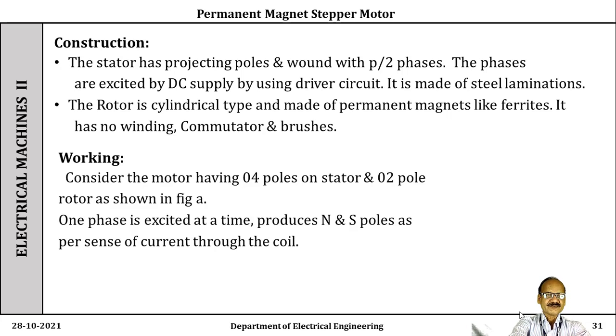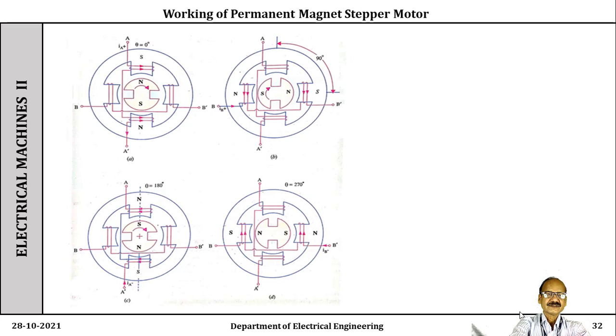Now let us see the principle of operation. So what is the working? Let us have the stator. The stator has 4 projecting poles as shown in figure A, and for each pair of poles, one winding is provided.